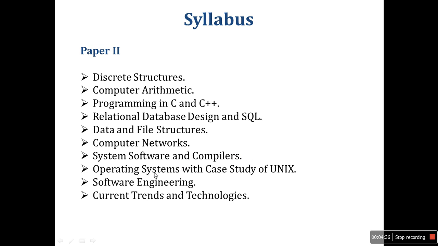Then operating systems with the case study of Unix, where we may get questions related to commands, and software engineering, how to design the system and the software. Lastly, we can learn some trends about current trends and technologies.